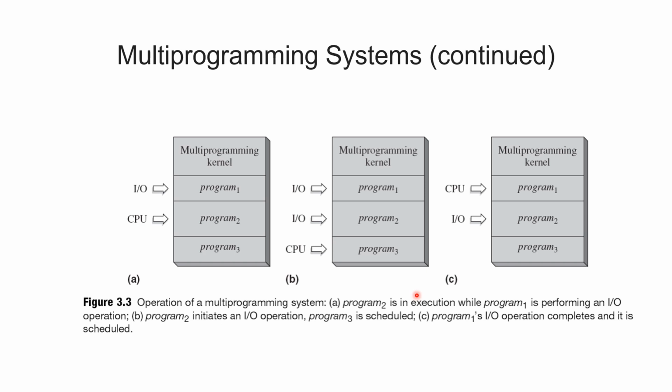Here the multiprogramming system uses simple partitioned or pool-based allocation of resources, that is memory and input output devices. This multiprogramming kernel performs scheduling, memory management and input output management.